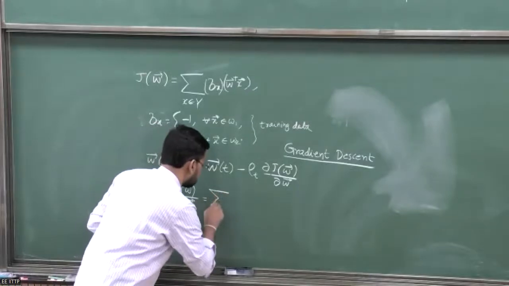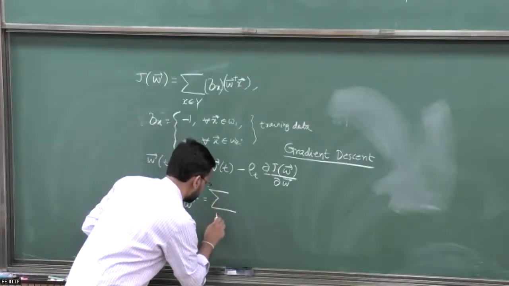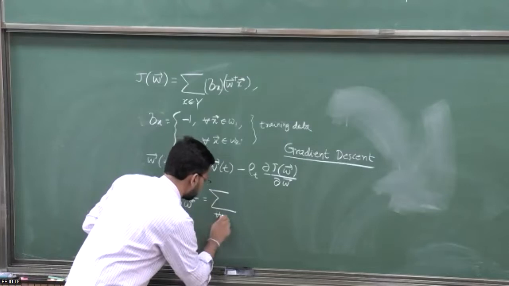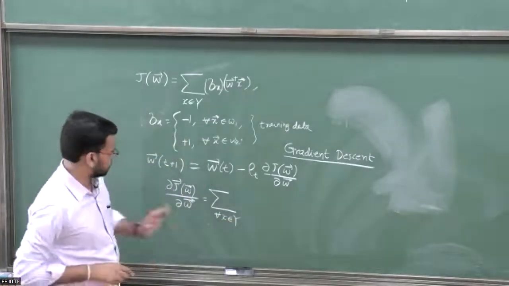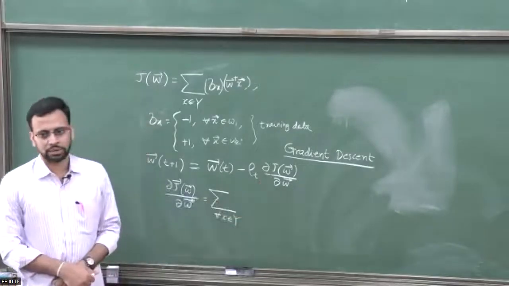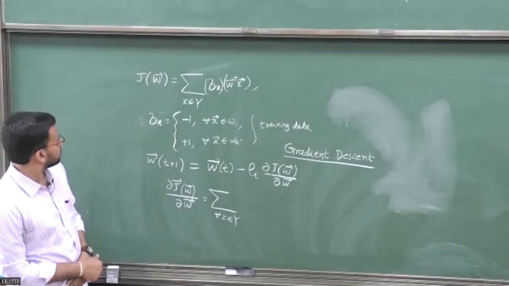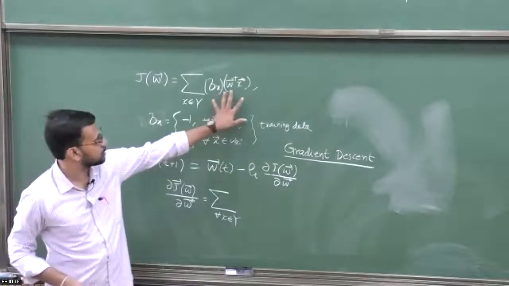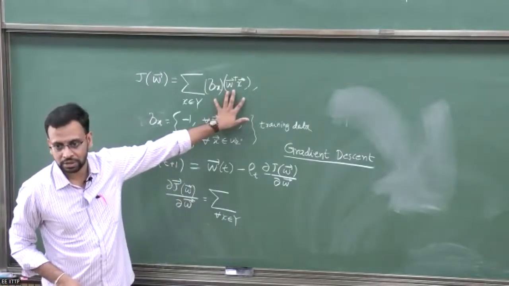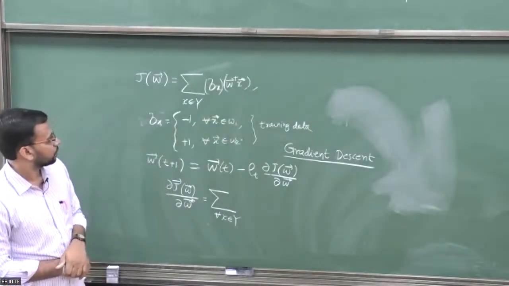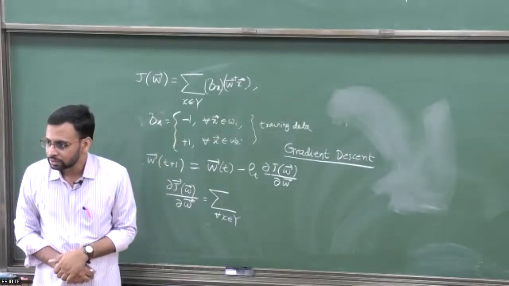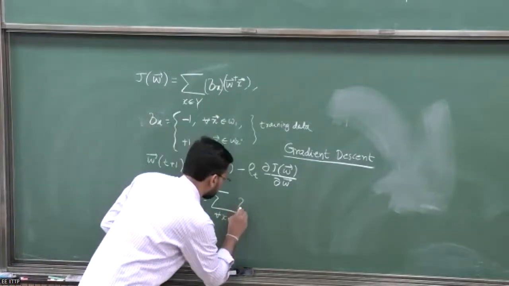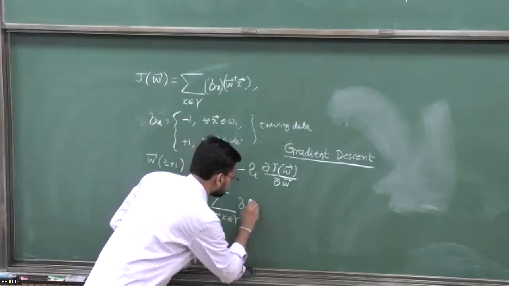Let me ask you, for all x that belong to Y, you tell me now, what do I get there? Where is my J of w bar in the first place? This is my J of w bar. So what would be the expression? Delta? Very good. Delta x into x bar.